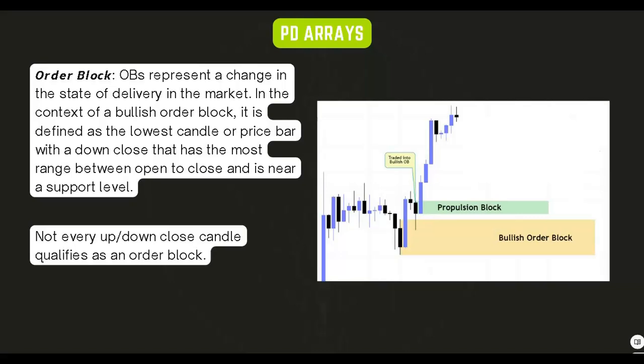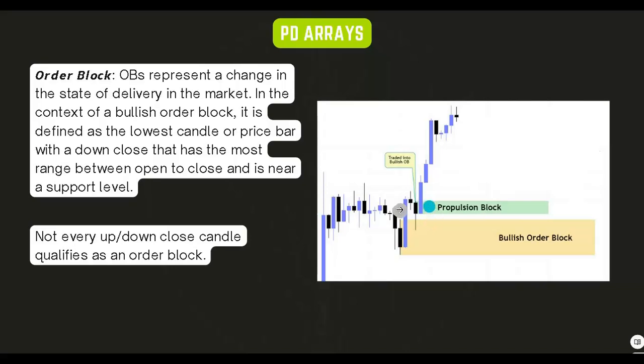A propulsion block is an order block that retests a valid order block. So this is the valid order block in here, and the propulsion block is the order block that retests the main order block. Once price retests this order block and it starts to impulse higher, next we're interested in the propulsion block.